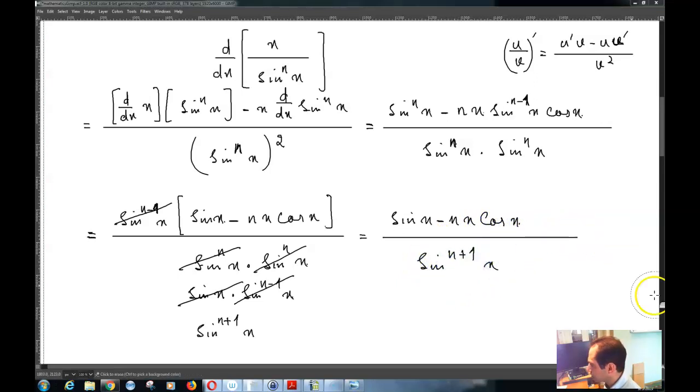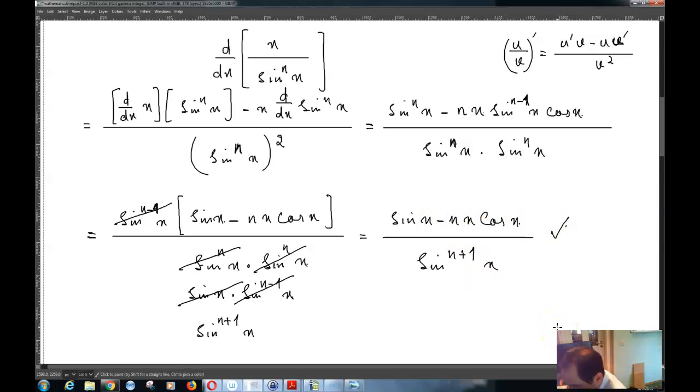That is the derivative of this function, x over sine raised to the power n of x. That is your answer.